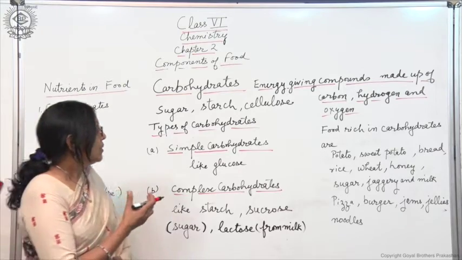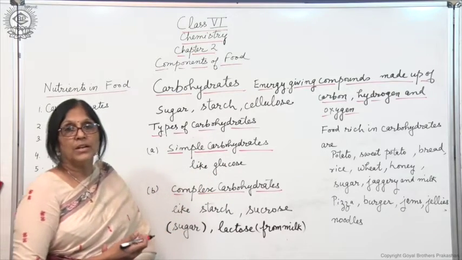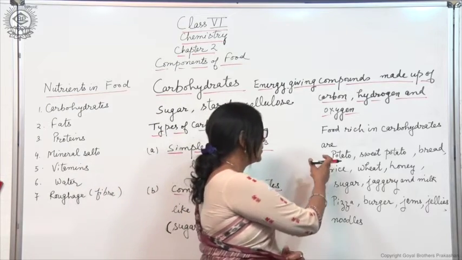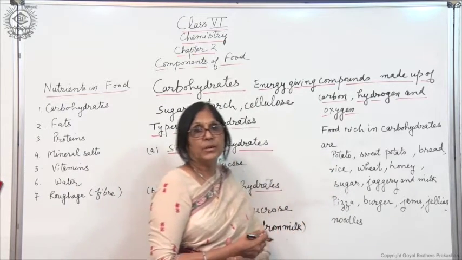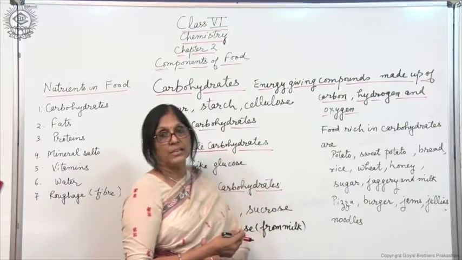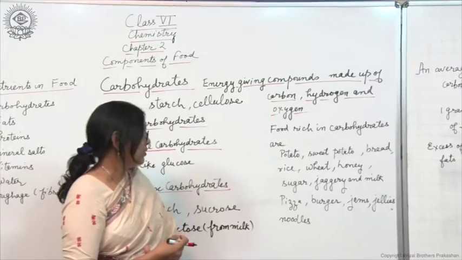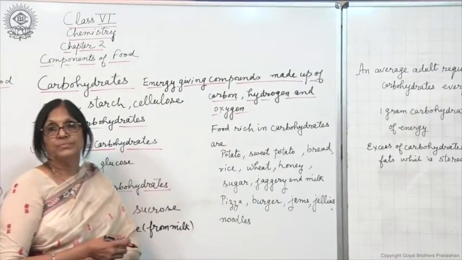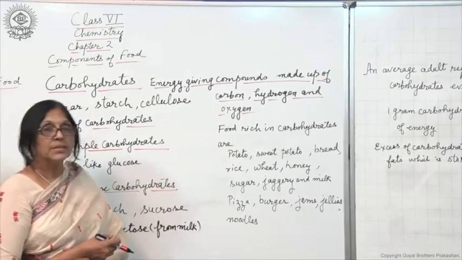Right. Now let us see the various foods in which carbohydrates are present. Carbohydrates are present in potato, sweet potato, bread, rice, wheat, honey, sugar, jaggery. What is jaggery? Gur. And milk.